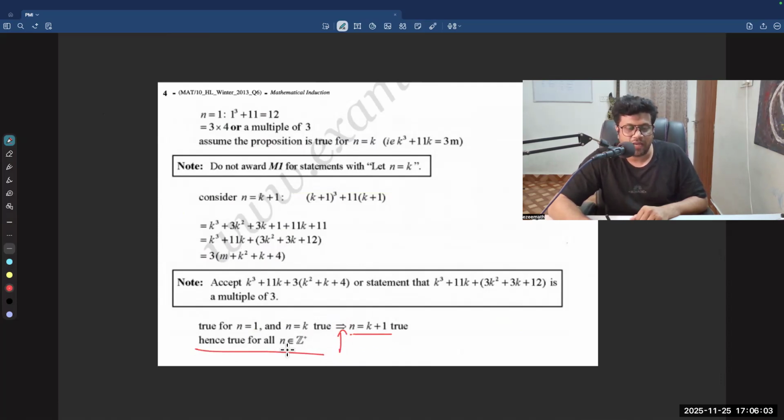Hence, it is true for all n belonging to Z plus. So, how do you conclude? You write this. These words should be seen in your final statement, the conclusion. If it's true for n equal to 1, and if n equal to k is assumed to be true, it implies that it comes out to be true for n equal to k plus 1. Hence, it should be true for all n belonging to Z plus. So, there are marks for these statements.